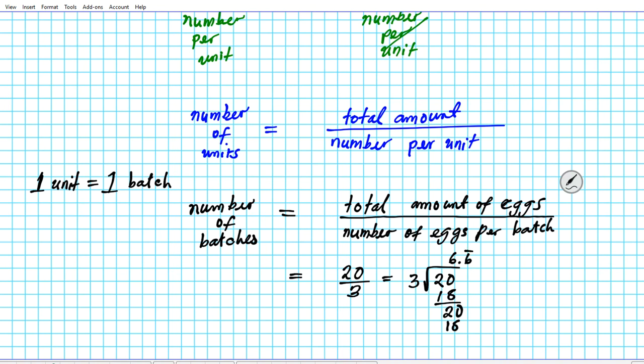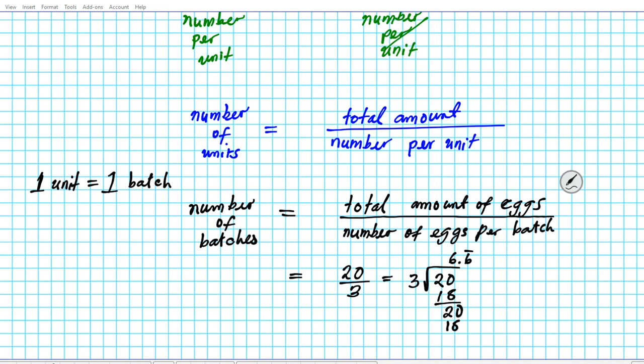Okay, now when we are talking about numbers of batches of eggs, it doesn't make sense to have a fractional egg. For example, can you go to the store and buy half an egg? It doesn't make sense, right?